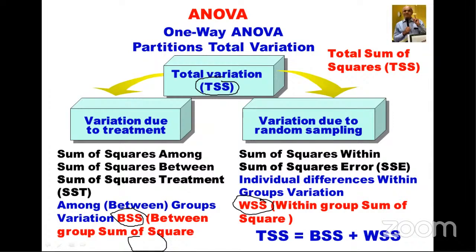That variation is an inherent variation, that is WSS, and BSS is due to the treatment variation. When we are treating something and it gives effects, those effects come in BSS. And TSS is always the sum of BSS plus WSS. So B means between and W means within.